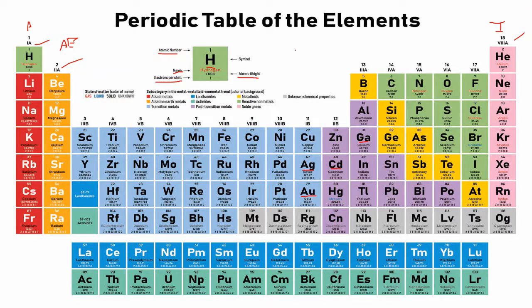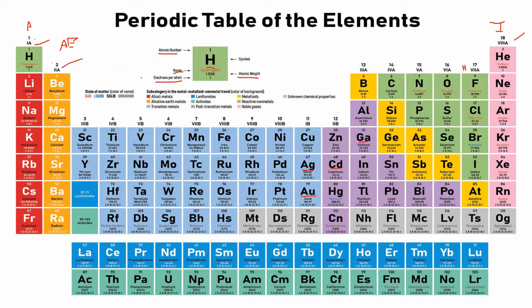Then we also have the 7A group elements, those are halogens. These group elements we have to remember very carefully, because the elements in a particular group show similar chemical and physical properties. Similar in the sense, not exactly similar, but they have class characteristics so that they can be grouped into one type. Based on these things, we can understand the periodic table.